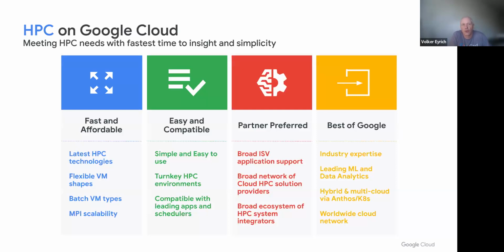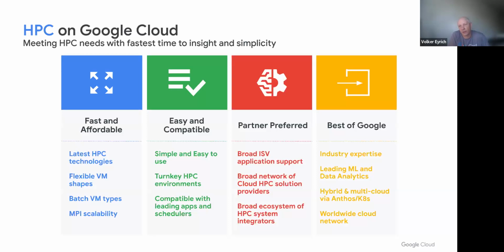Google has a very strong story on open source. Keith mentioned this earlier, and we continued this, of course, with HPC, which is oftentimes driven by open source technology. So we made sure that you can interoperate with systems that you may have used in the past. There's no major learning curve that you have to go through before you can actually run on Google Cloud. A lot of partners support GCP for high performance computing.